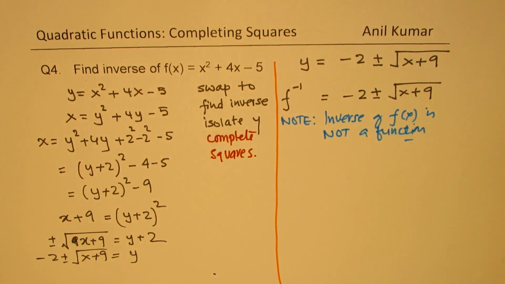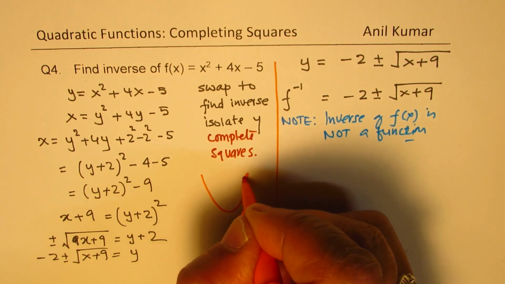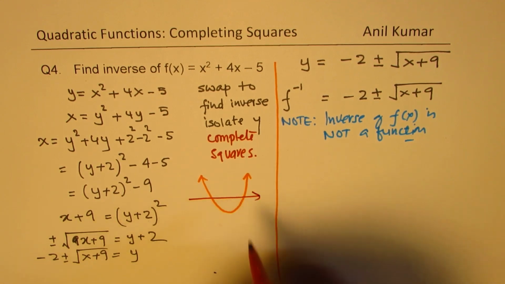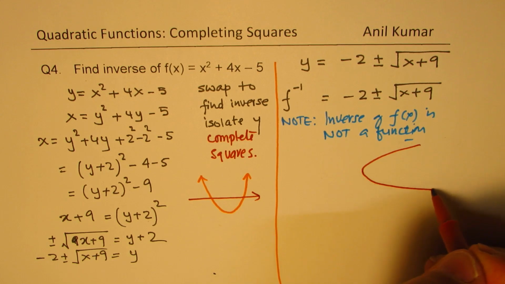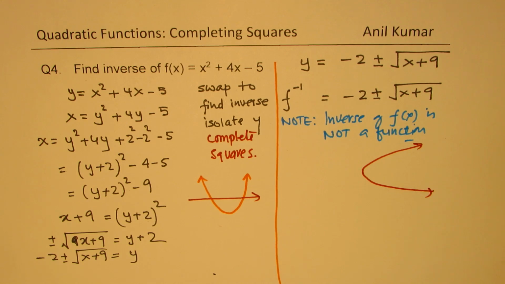So it makes sense because this is a parabola which opens upwards and it fails the horizontal line test, right? So the inverse is basically like this, and plus and minus makes it kind of like this. Do you see that part, right? So it is not a function. So that should be very clear.